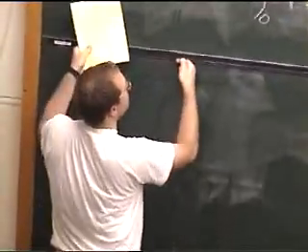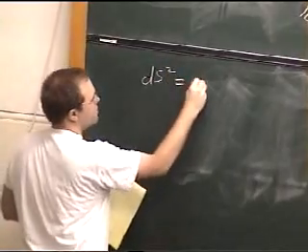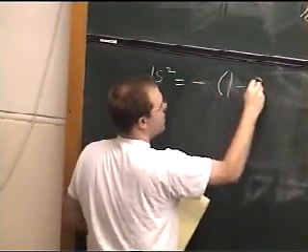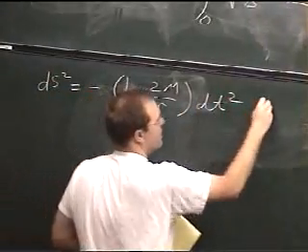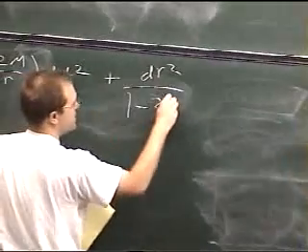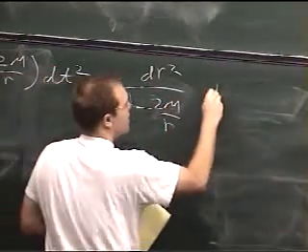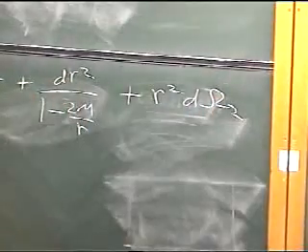Well, let's write that one more time. Again, the black hole metric was minus (1 minus 2m over r) dt squared plus dr squared over (1 minus 2m over r) plus r squared d omega squared.